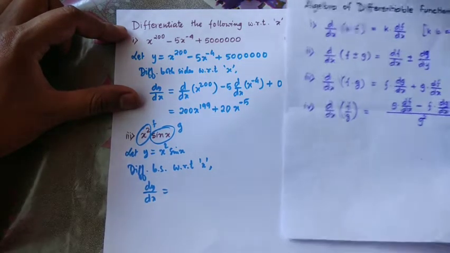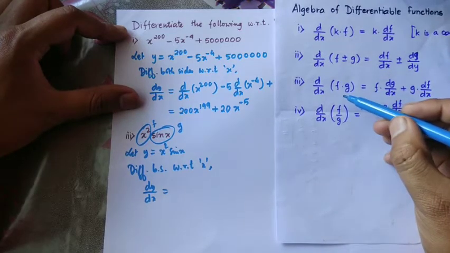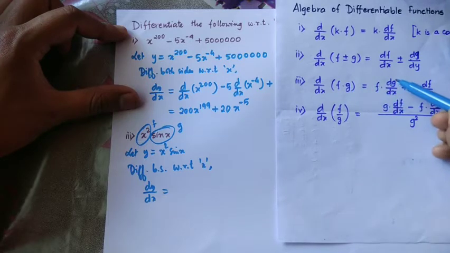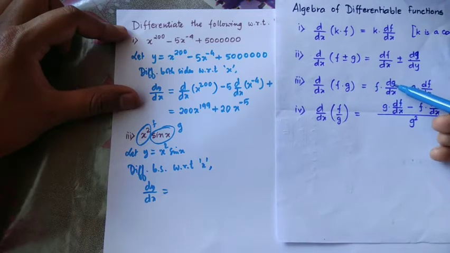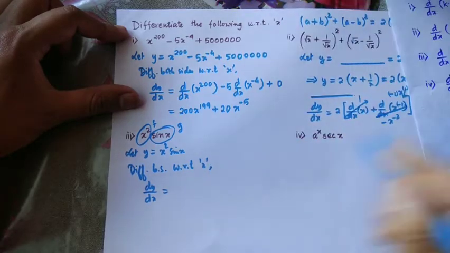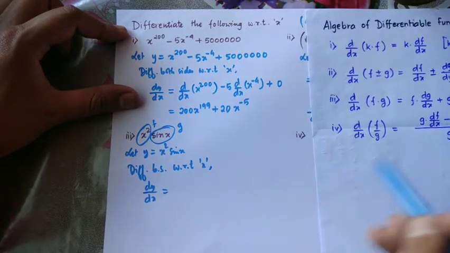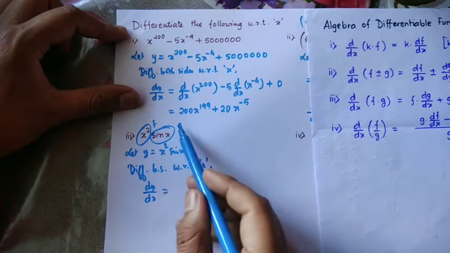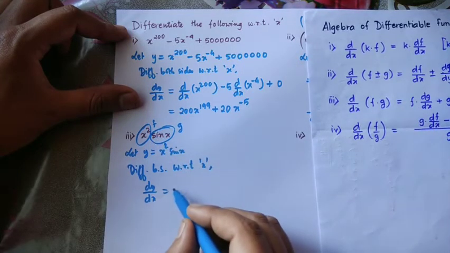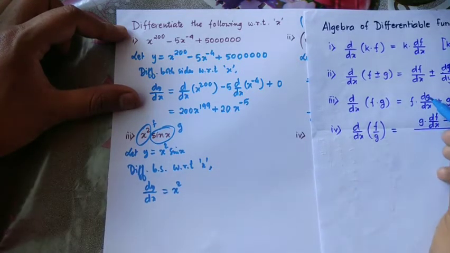But here, according to this third formula, we have to keep one of them as constant and differentiate the other. And whichever is differentiated in the next case, I will keep as constant and differentiate the other one. So if I call this f and this g, then f should be constant, so f is x squared, and I need to differentiate g, that is sine x.